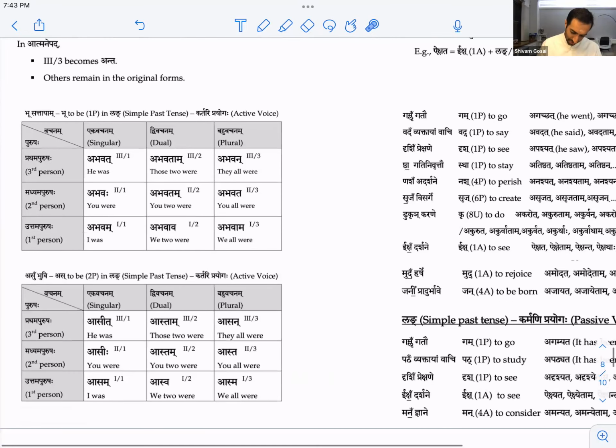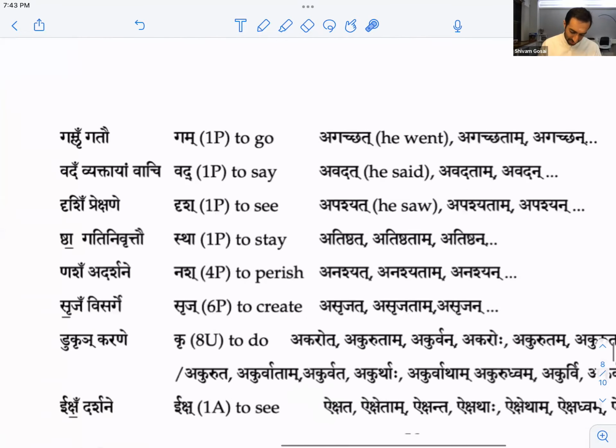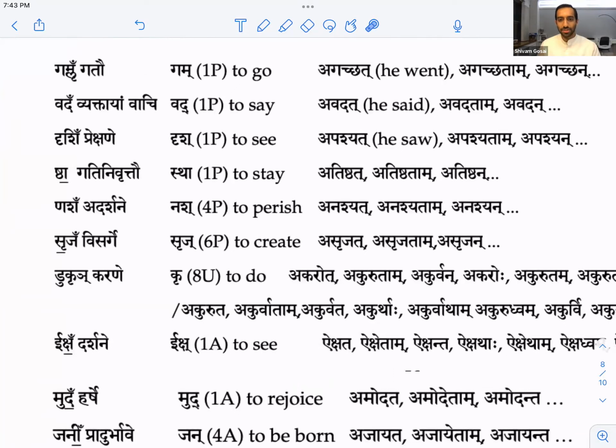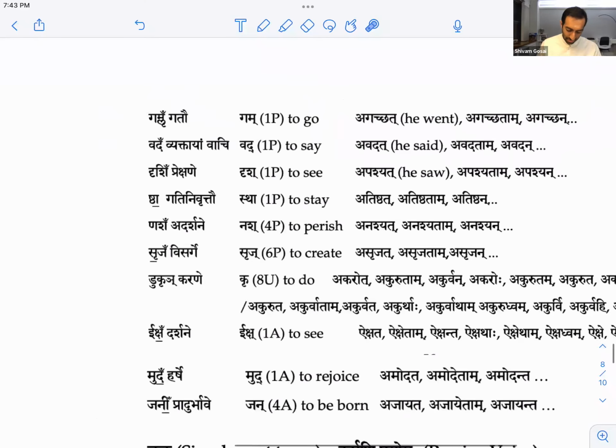Okay. So here are some other words, these are all lung lakara, different conjugations. Now if I wanted to do, let's just say, vadat, avadat.